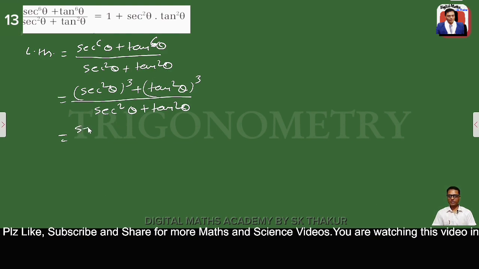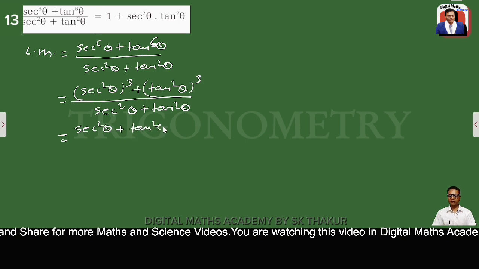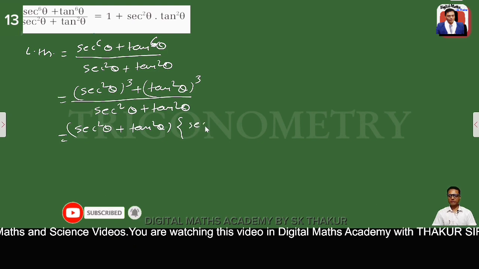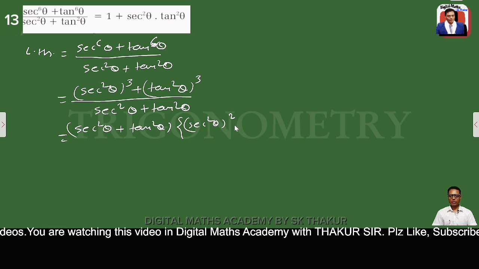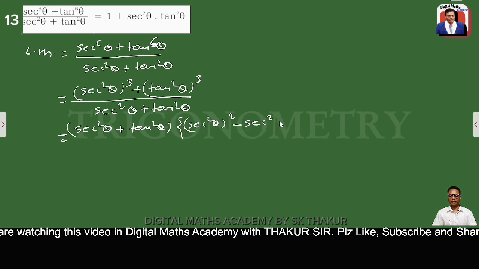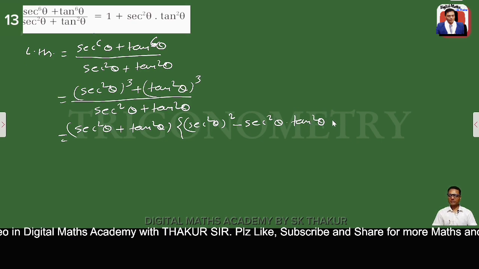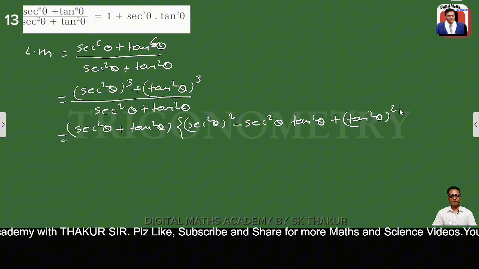So we write here a plus b, then a square means (sec square theta) whole square, minus ab, minus a b means sec square theta dot tan square theta, plus b square means we can write here (tan square theta) whole square.